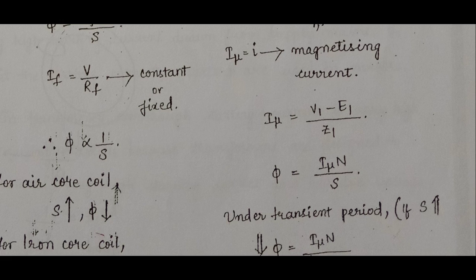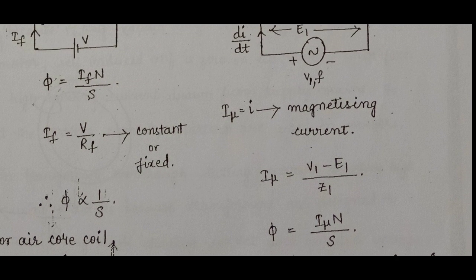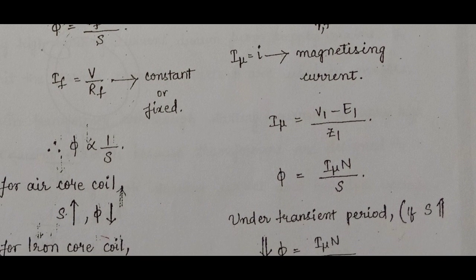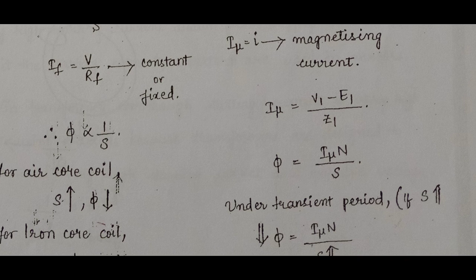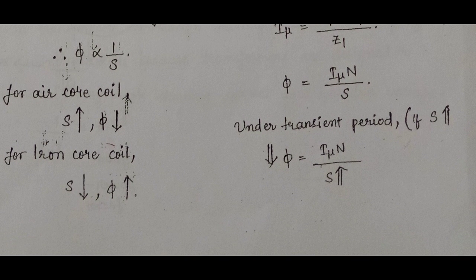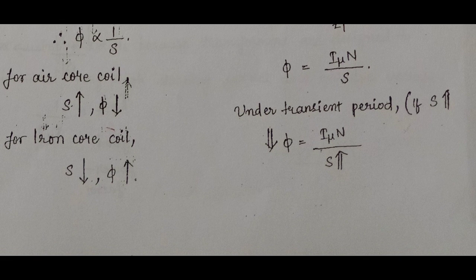The flux is proportional to the magnetizing current and also proportional to N, the number of turns, and it is inversely proportional to the reluctance S. Under the transient period, reluctance values increase and flux values decrease.